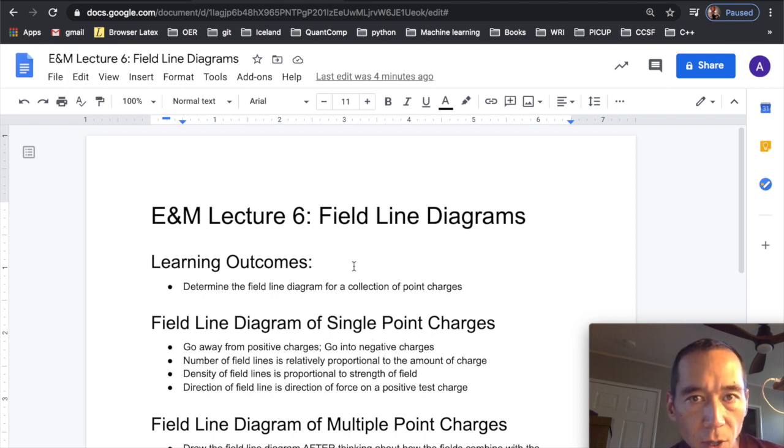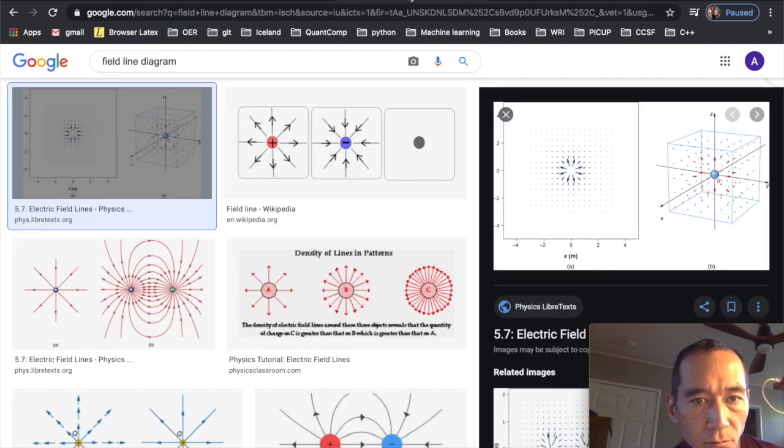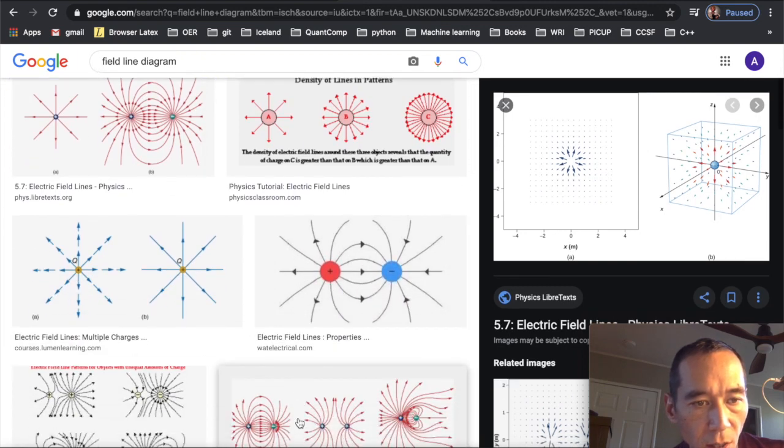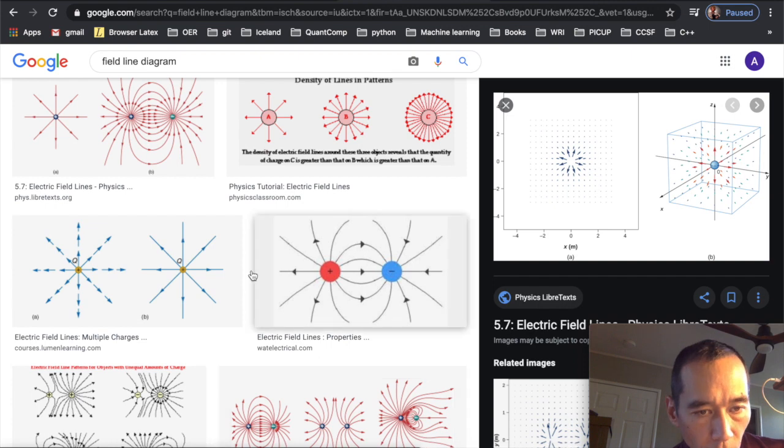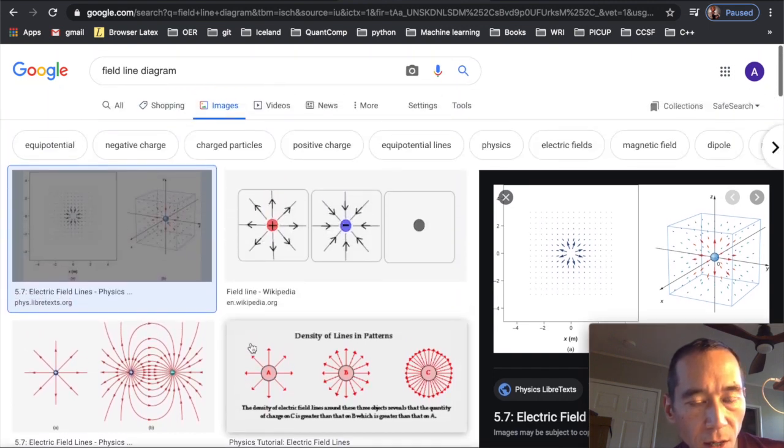If you look up on Google, if you just type in field line diagram as an image search, you'll come out with images that look really similar to all of these here. This is what I mean by field line diagrams. It's a sort of convention that a lot of physicists use, and everyone uses it the same way to understand the physics in the same way.